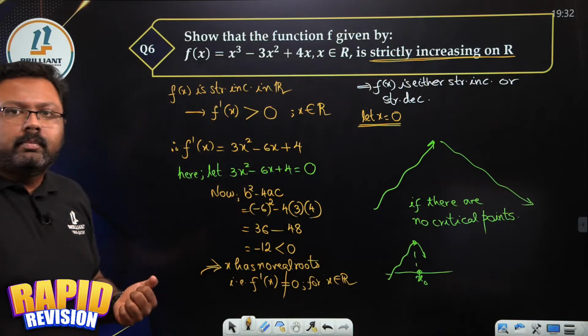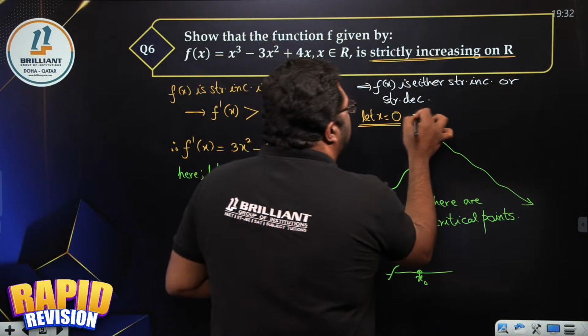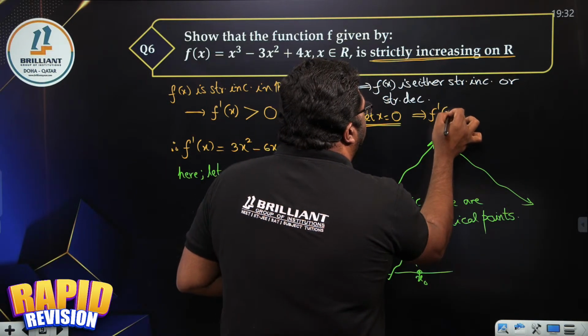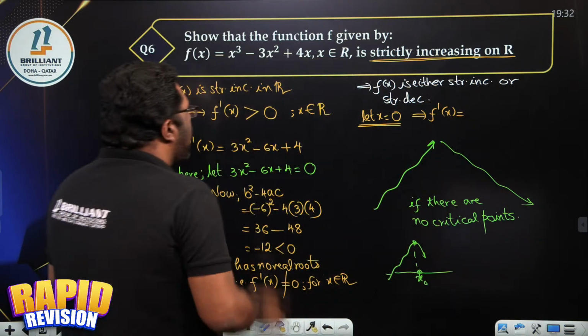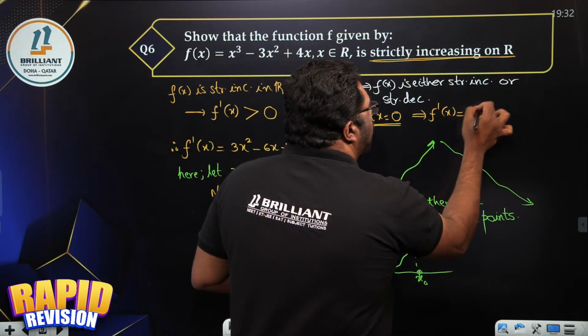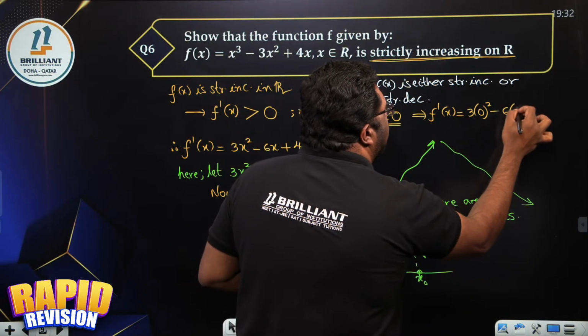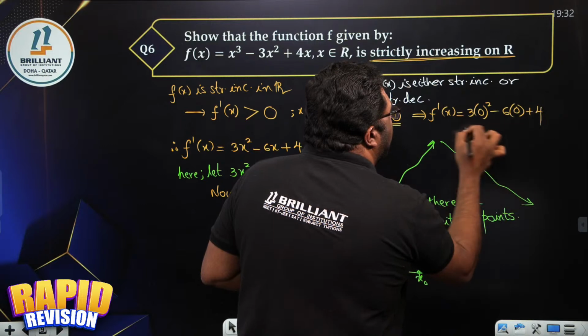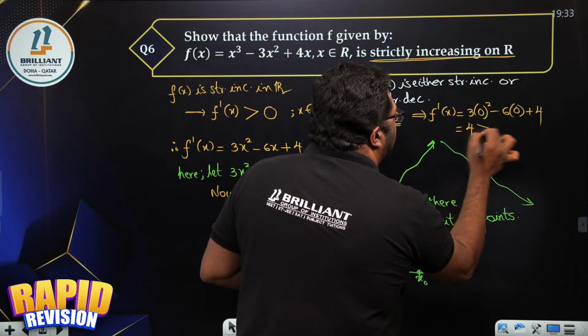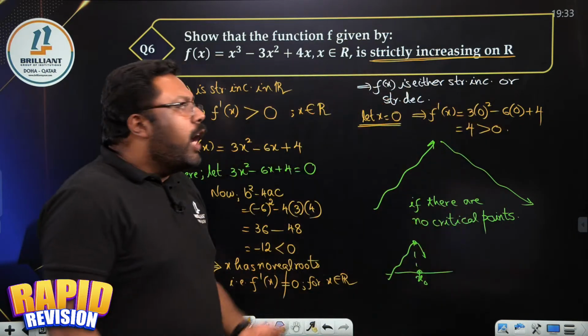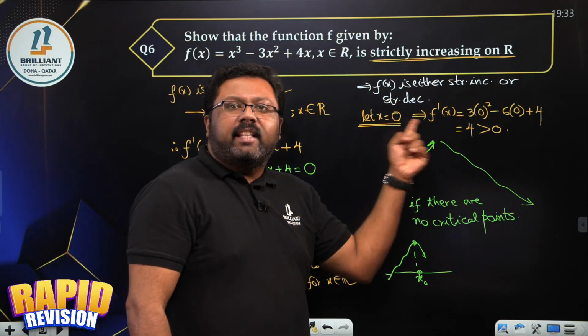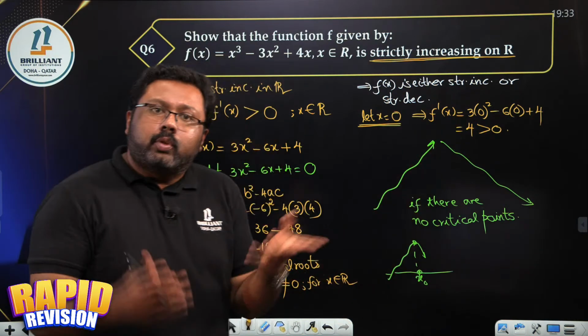Just take any number and substitute in f dash of x. You will get 3 into 0 squared minus 6 into 0 plus 4, which is 4 greater than 0. I proved that the first derivative is greater than 0, so it's strictly increasing.